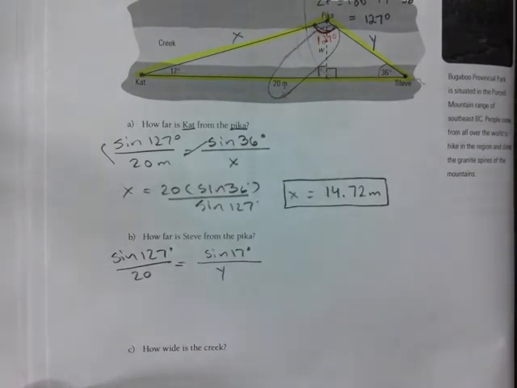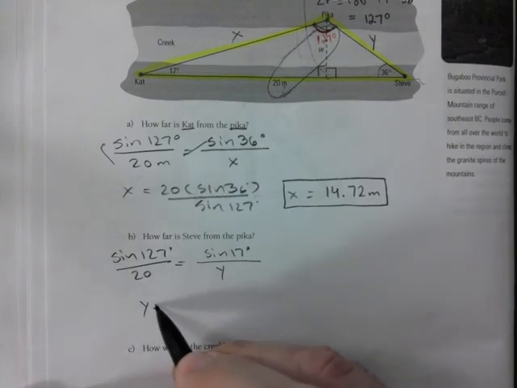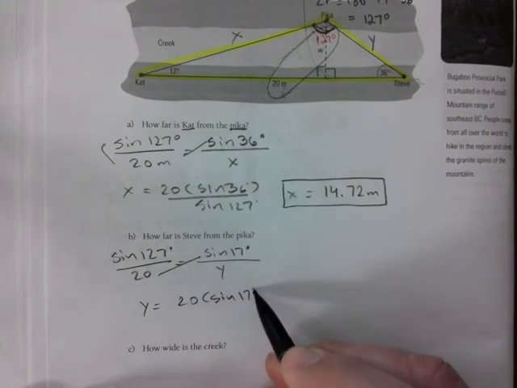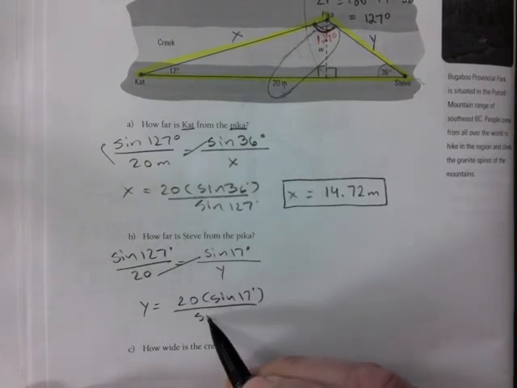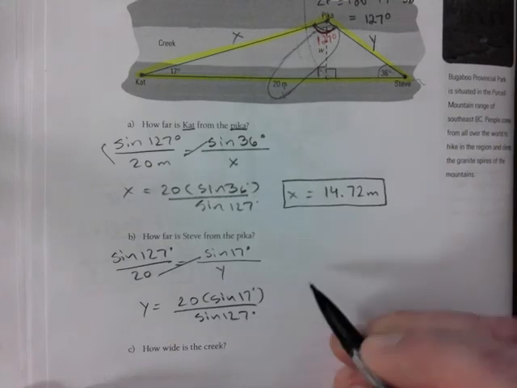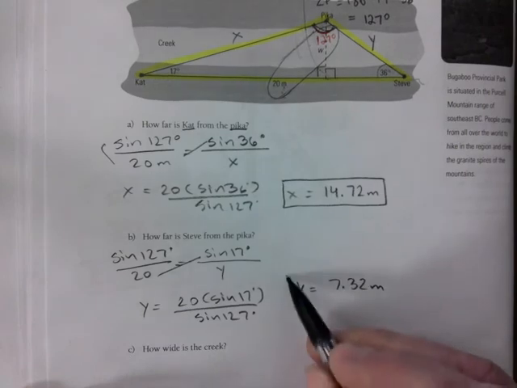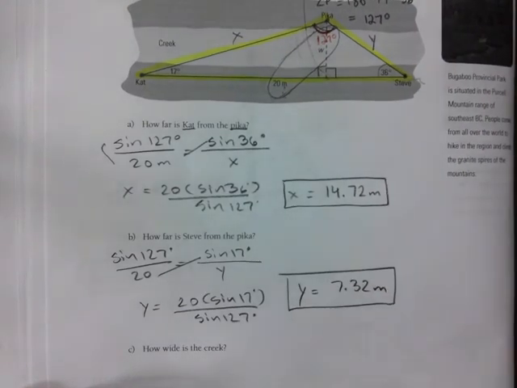I'm seeing right through it. I'm just working around it. And so it's 20 times sine of 17 over sine of 127. Y is equal to 7.32. Sorry, I'm hurrying, but I want to make sure you have that.